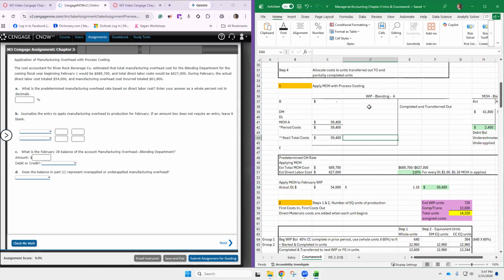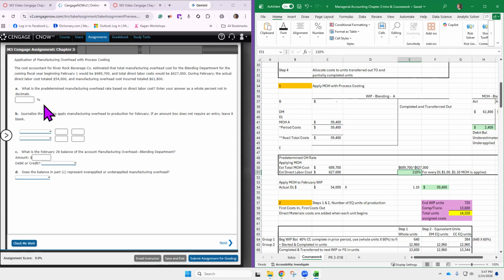So here's the T account for blending. This is the debit side. This is the credit side. Here is the predetermined overhead rate. We put our manufacturing overhead and our estimated direct labor cost, and when you do the math, that comes out to 110%.